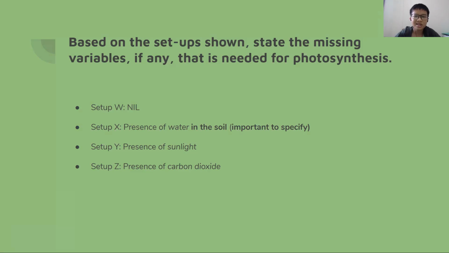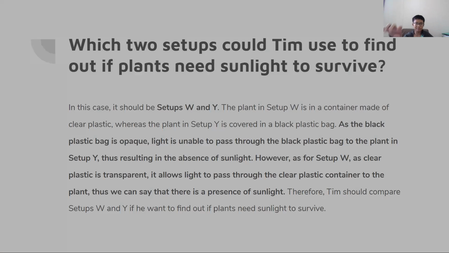So first, we can immediately say that the missing variable in setup Z is the presence of carbon dioxide. This presence of carbon dioxide is needed in order for photosynthesis to take place. Alright, so that is the first part of this question.